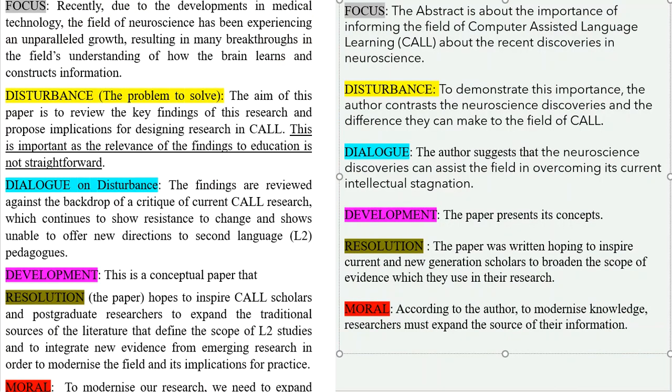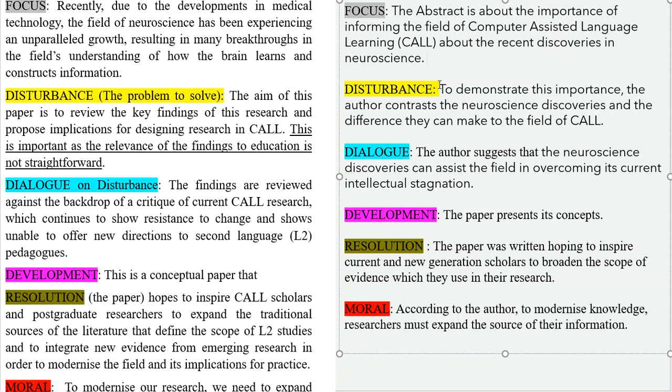So here's my summary on the right. You can see it here, right? I tried to follow the same pattern as we had with the fable. So let me begin. The abstract is about the importance of informing the field of computer-assisted language learning about the recent discoveries in neuroscience.